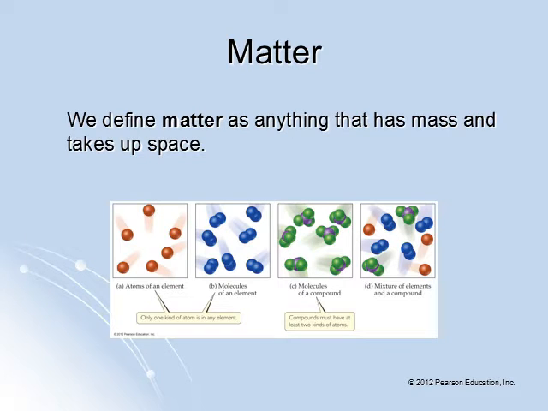I'll begin with the definition of matter. Matter is anything that has mass and that takes space. On the very left, you see atoms of an element. For example, if you look at the periodic table, all these different elements are listed there. At this point, you may not know the name of each and every element, but as time goes on, you're going to know most of them.